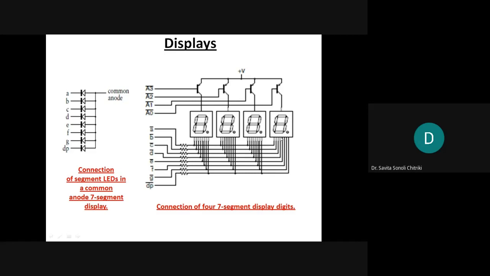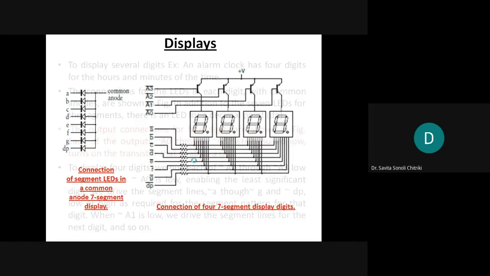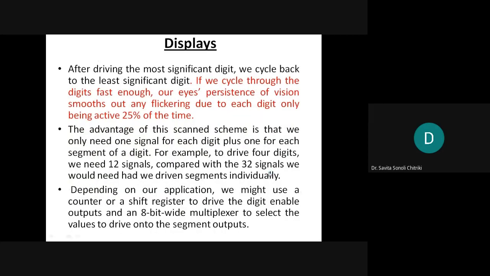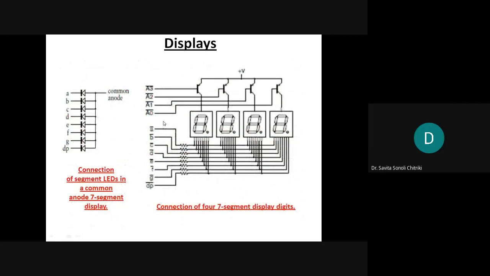Again, each display is activated through the segment lines A through G there. That's what he is telling. To display 4 digits, we pull all from A0 to A3, all four of A0 to A3 must be made 0. All should be pulled low, then only this will be activated.